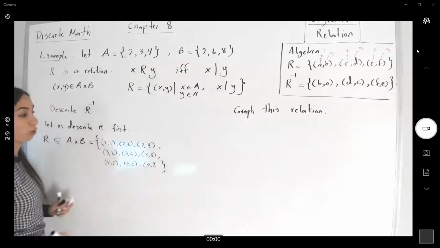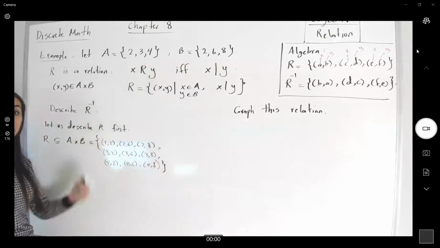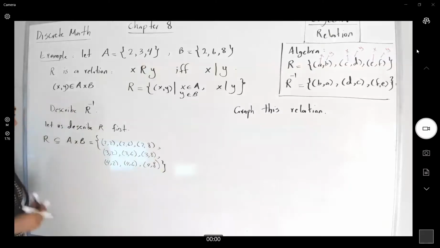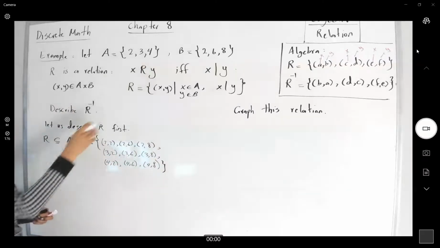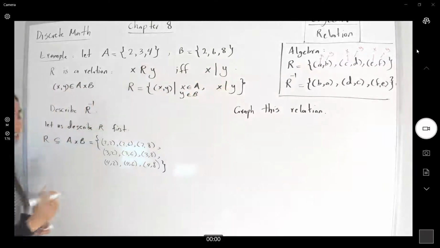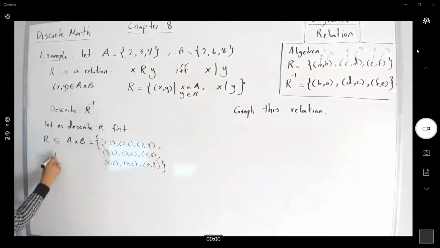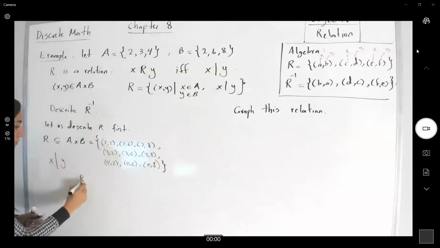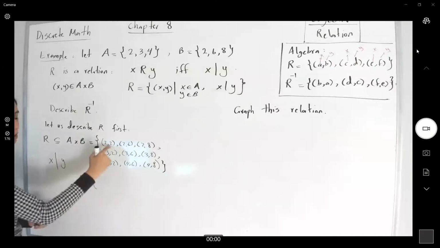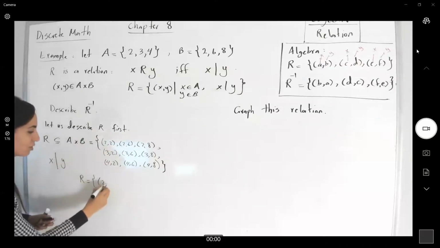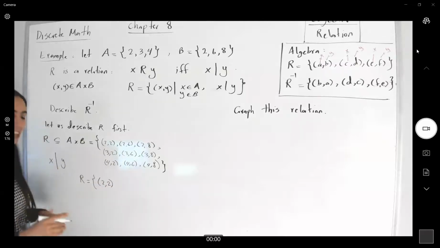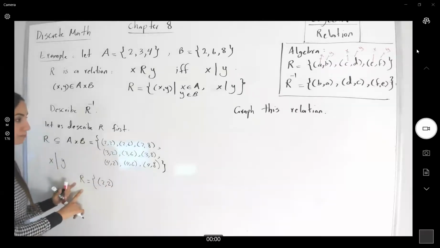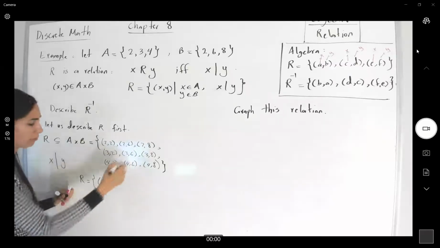Out of these points, we're looking for the points such that X divides Y. The first coordinate divides the second coordinate. Is the first one acceptable? Yes, of course. 2 divides 2. So 2 and 2 is the very first element in relation R. 2 divides 6, of course.